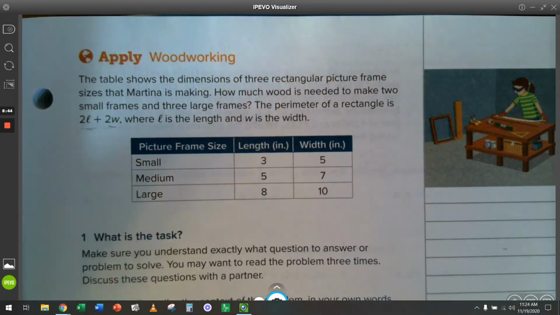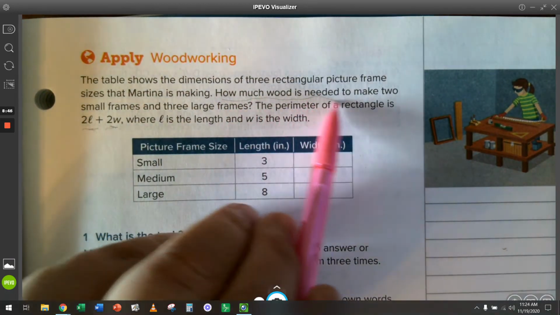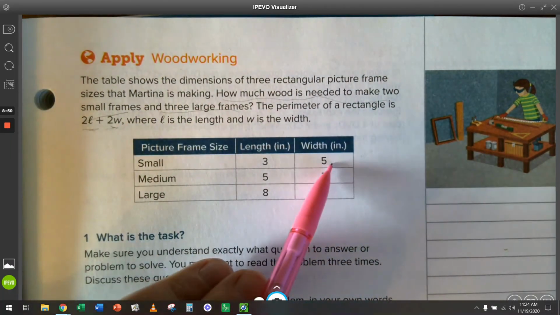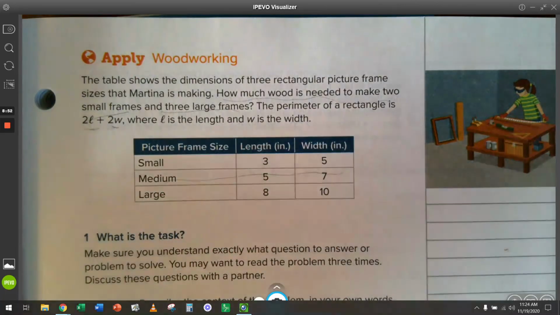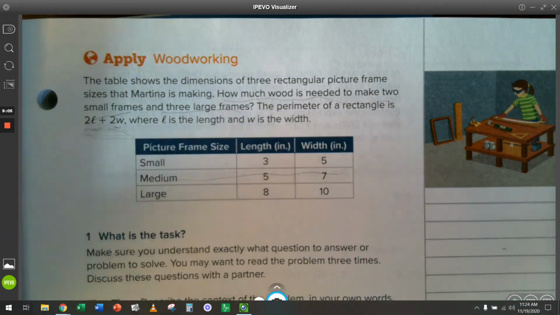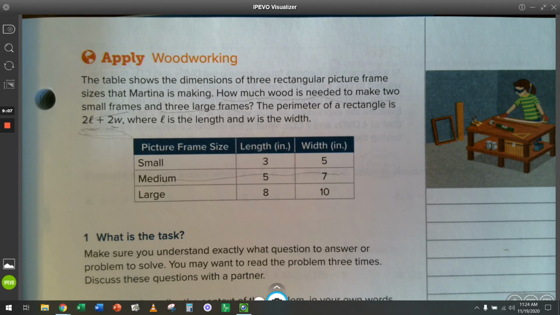So you're going to figure out how much wood is needed to make 2 small frames and 3 large frames. You don't even need the medium frames in this one. If you complete this apply problem, please make sure to email me the answer. I'd like to see how you did with that. You can use this expression here to get your answer.